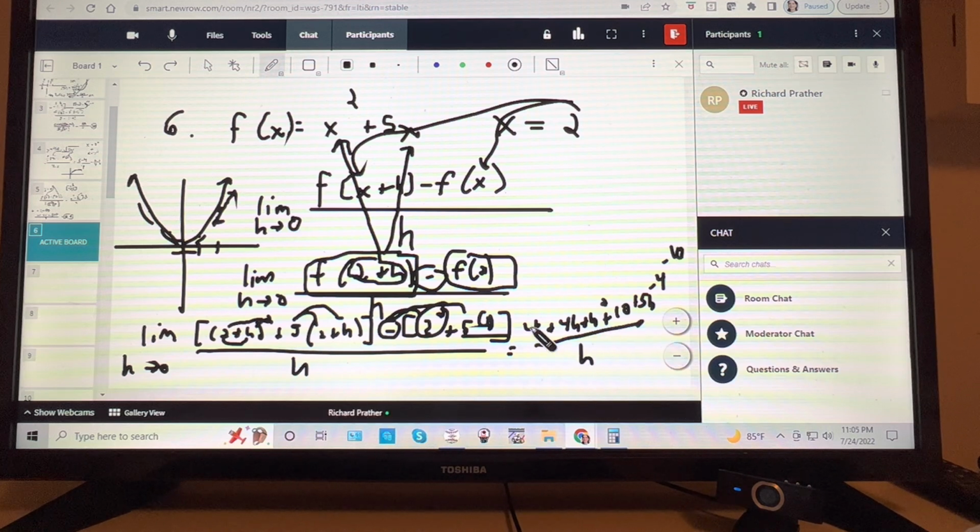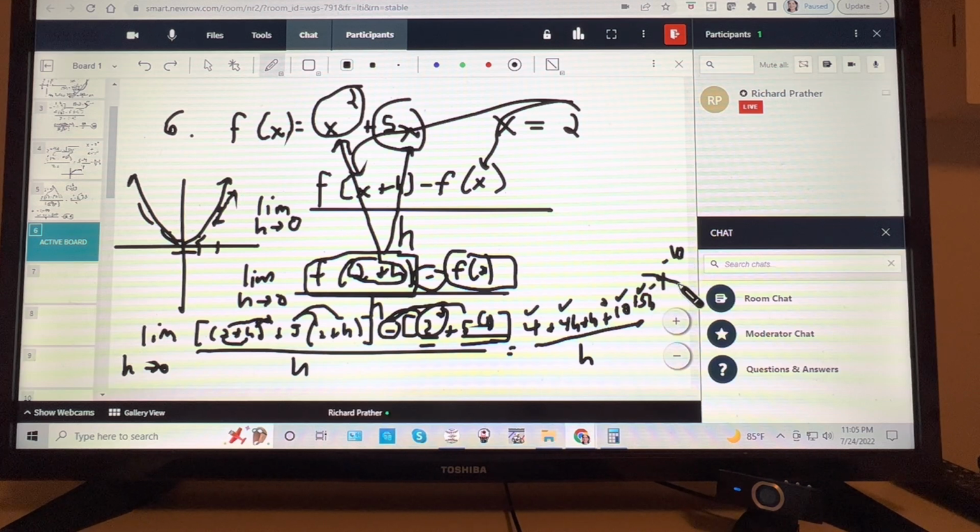And even though I could have combined the 4 and the 10 here, I could combine the 4h and the 5h, it actually helps if you don't, because if you notice how many terms are in the original function, there's 2 terms. So there were 2 terms here in f of 2. And I got minus 4 and minus 10 for those 2. So whether there's 1 term here, 2 terms, 3, or a whole bunch, if you do this properly, this is kind of a double check.